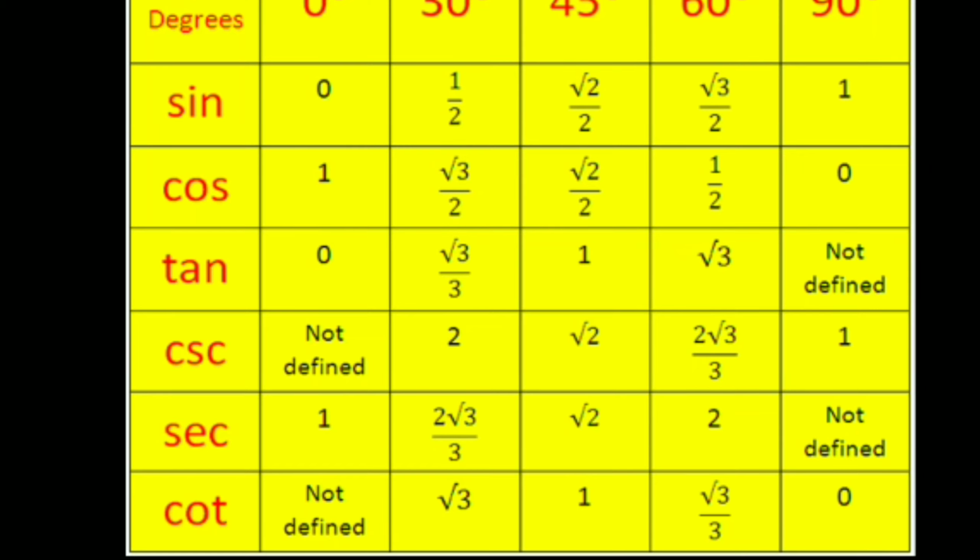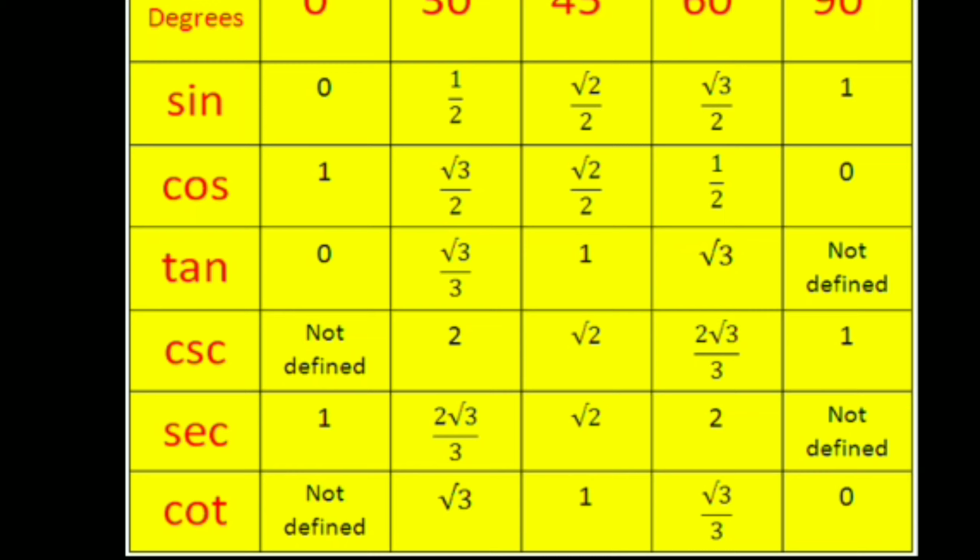Now cosec 0 is not defined. It is written CSC, which is the short form of cosec.